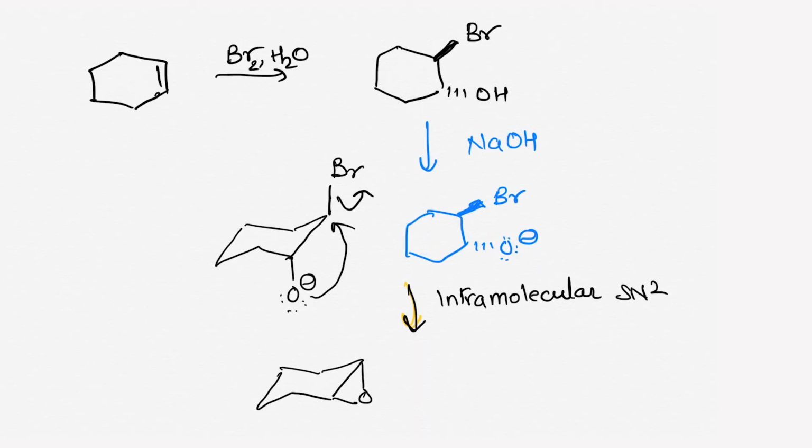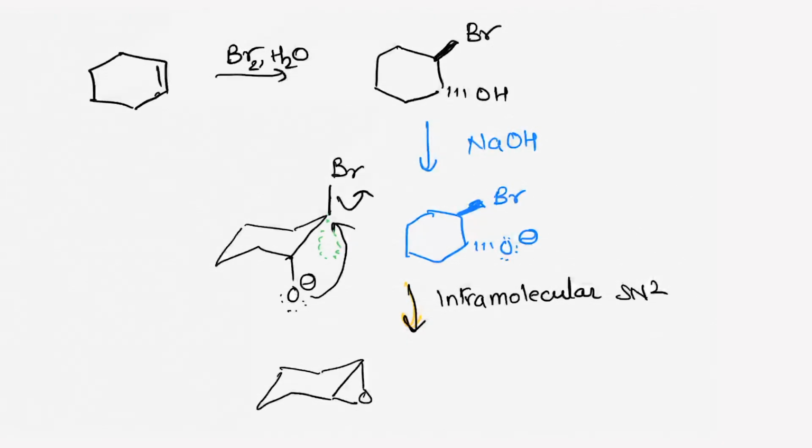this. Now, to think about it, for this molecule to undergo such a reaction, the electrons of the oxygen are situated such that they can easily donate into the anti-bonding molecular orbital of the carbon bromine bond.